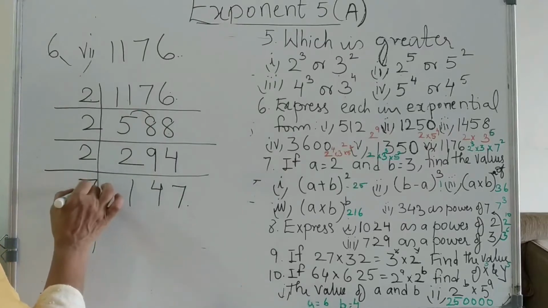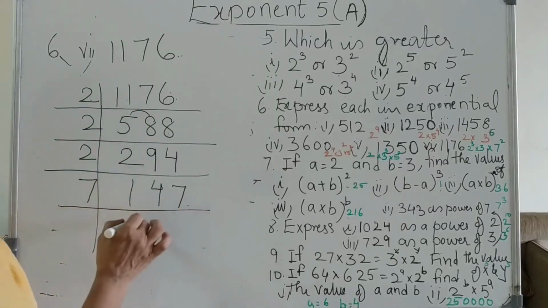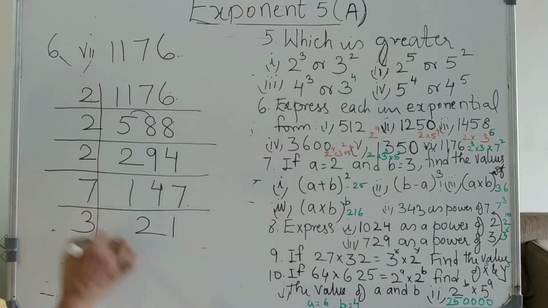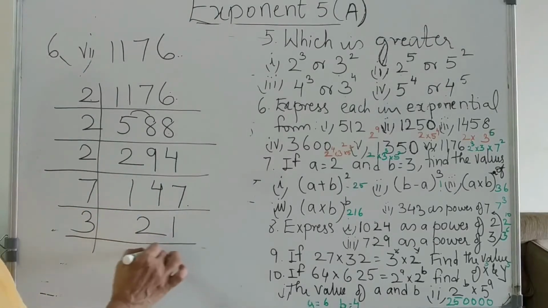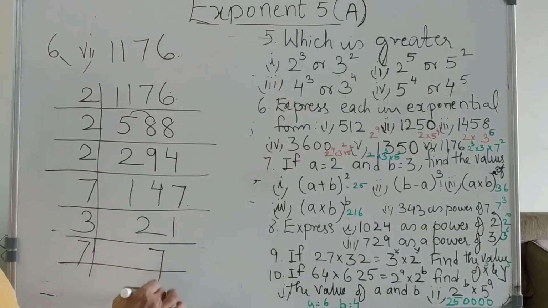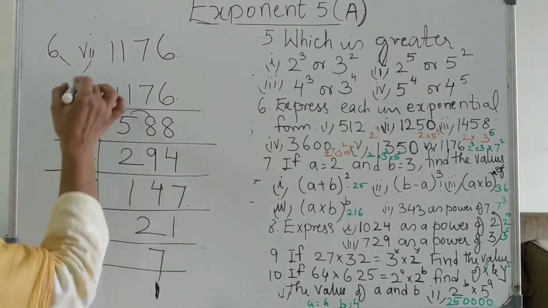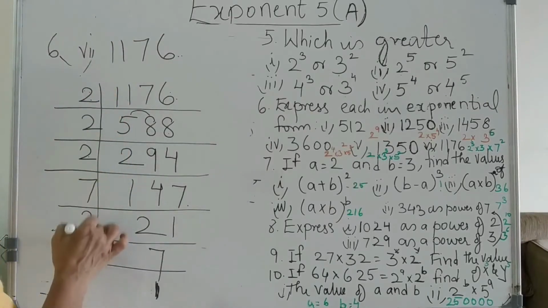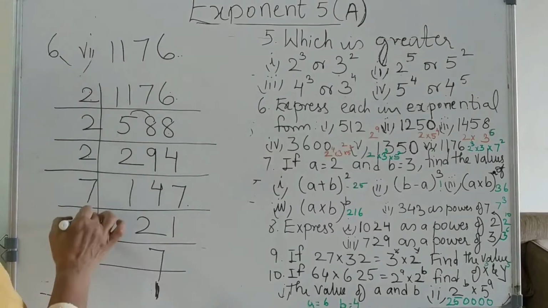Now this will go by 7. 7 2's are 14, 7 1's are 7. Ultimately you got 1. So how many factors? 2 is 3 times, 7 is 2 times, and 3 is 1 time.